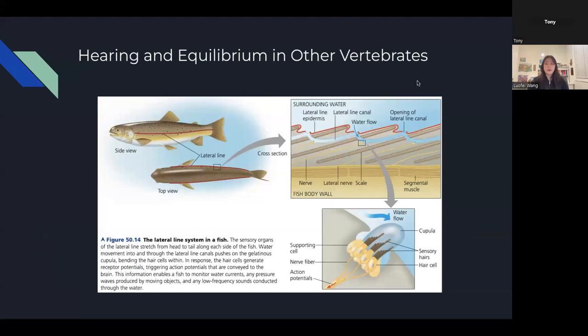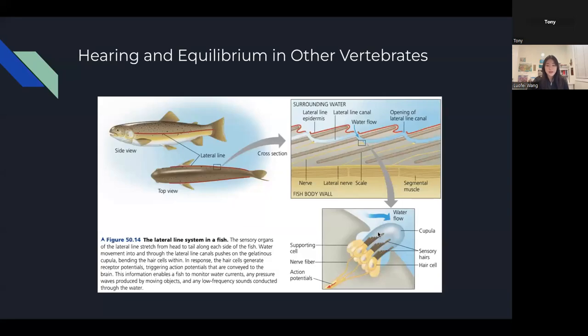In other vertebrates, this is just equilibrium. This is good to know because it was also a question on the USABO. Fish don't have ears, but they detect the vibrations of the water, and their orientation is detected through the skeleton.